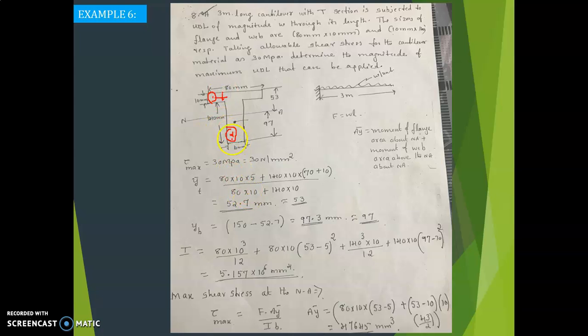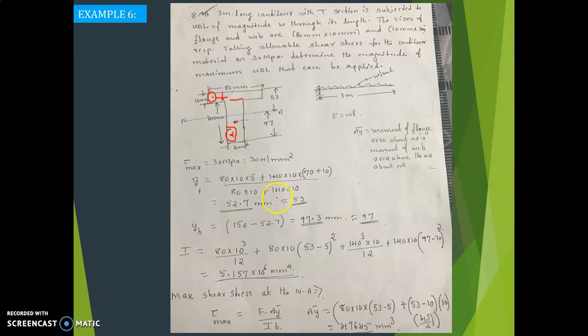Next, for the second section, the area is 140 into 10, into the distance from the CG to the neutral axis. Now assuming the neutral axis is at the top, the CG of this is at 70, plus this 10, so 80.